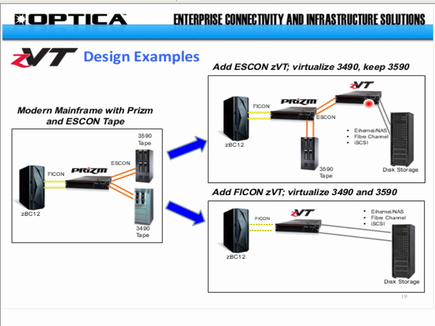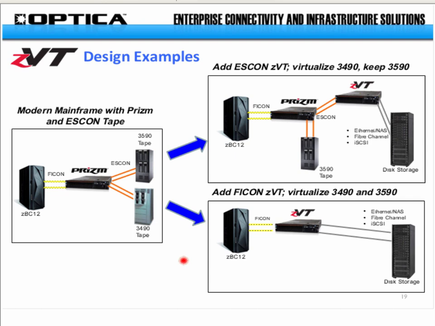There are a number of design philosophies. We could also have ICON connection to the zVT directly, but still have the Prism just doing the connection to the SCON legacy tape drives.